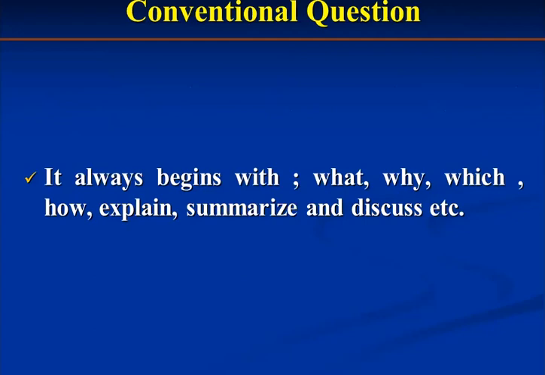What is supply chain management? What is consumer behavior? Which are the main elements? Which are the basic steps? So these are the words, a typical language, for a conventional bookish question. But of course, in this exam, you're not going to have any question like this, right? Your entire question format is applied.